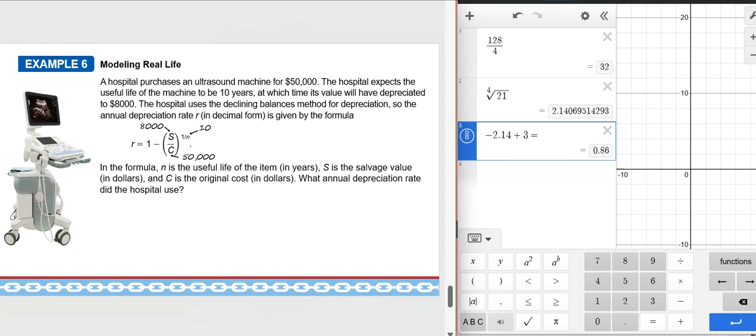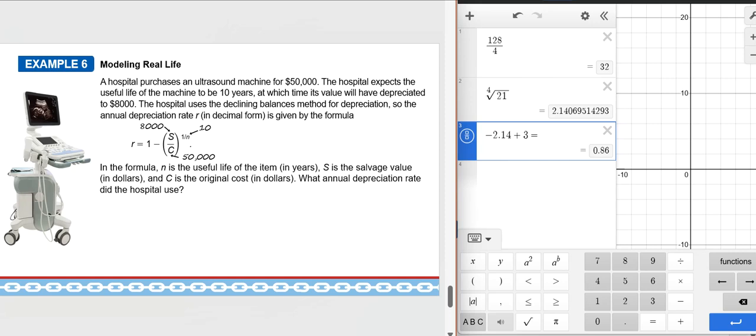So the annual depreciation rate, R, in decimal form, is given by the following formula: R equals 1 minus S over C, to the 1 over N power. S is the scrap value, and C is its original cost. They say it takes 10 years, so your N value is 10.